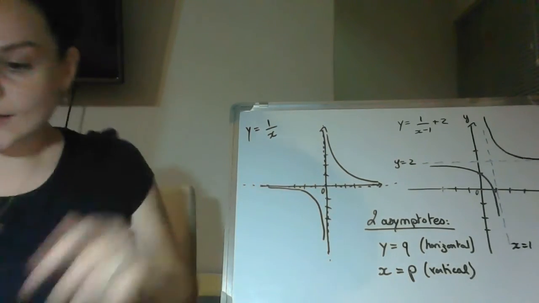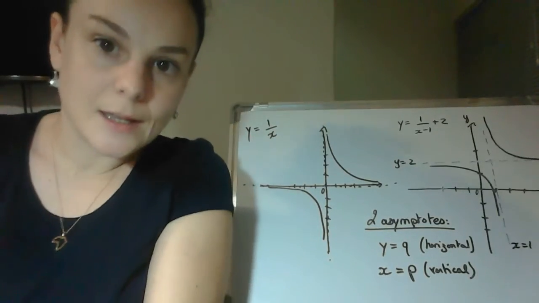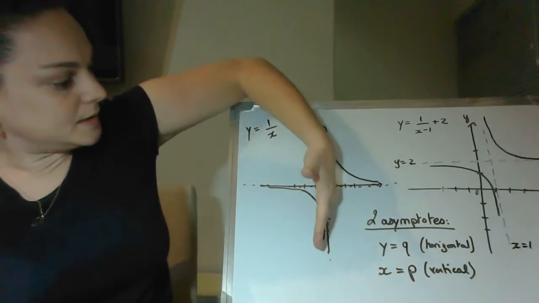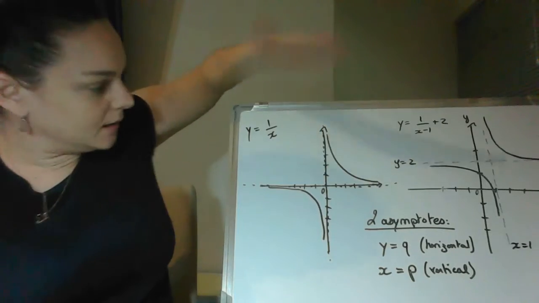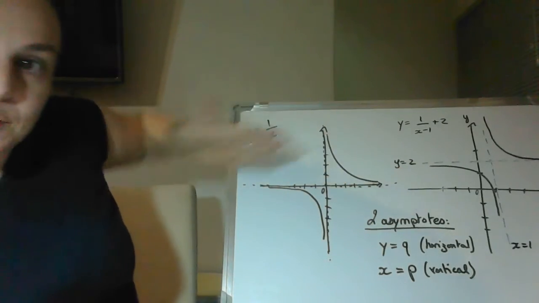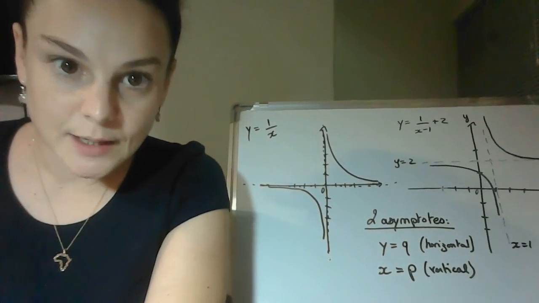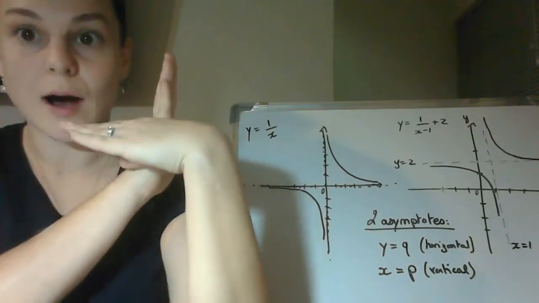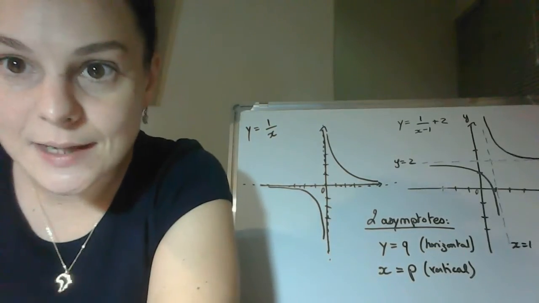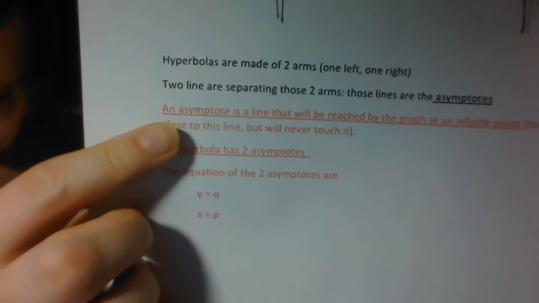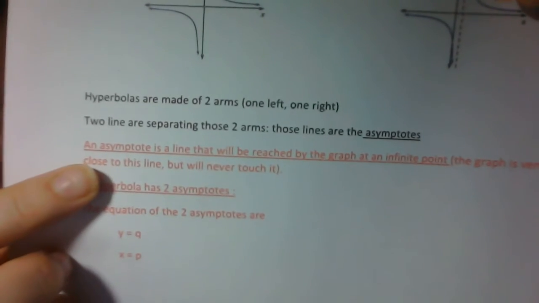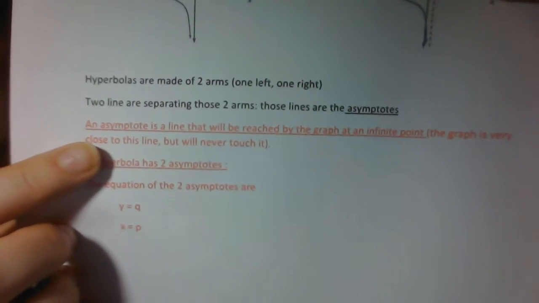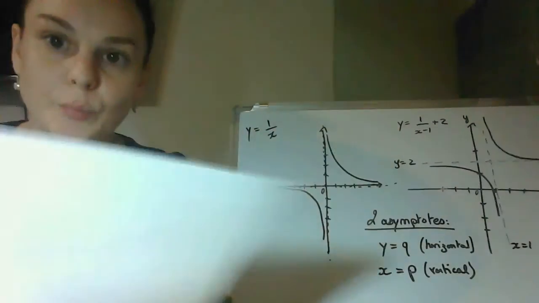Alright, so you can see that this line and that line are splitting your two arms, and those two specific straight lines separating the two arms are called asymptotes. Alright, an asymptote is a line that will be reached by the graph at an infinity point.